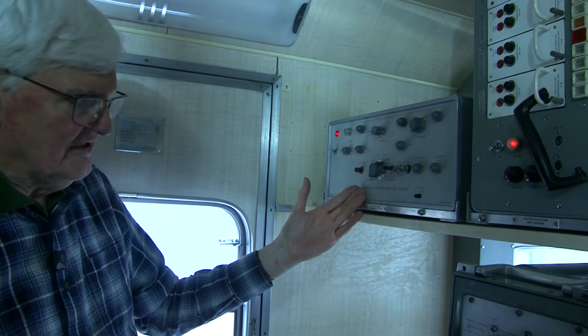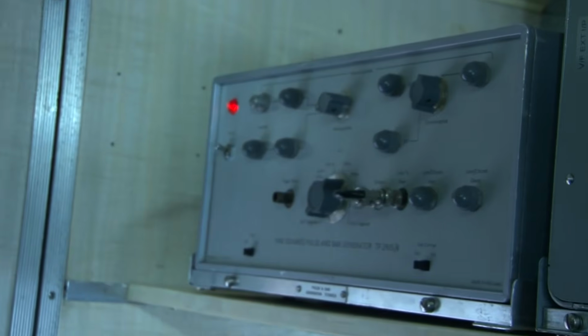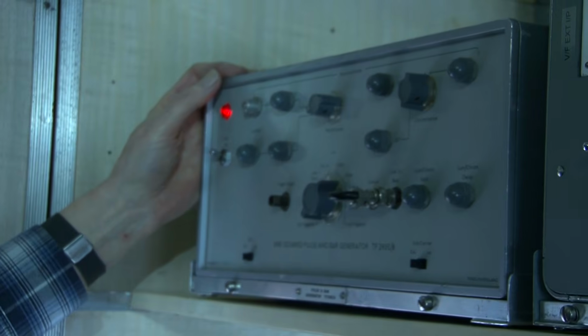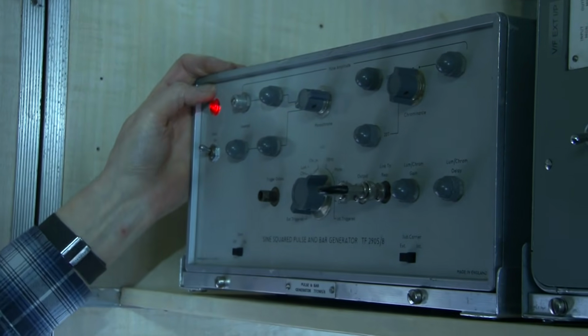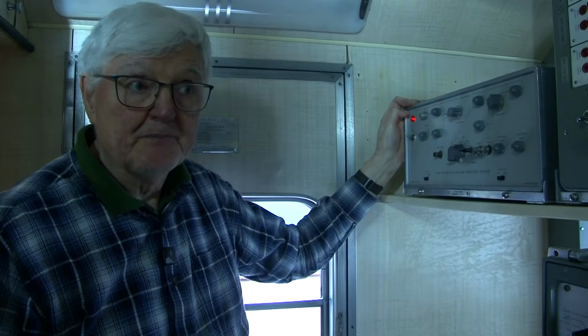It's solid state, but I'll forgive it for that because it works, and here it is, and the pulse and bar waveform is used as a signal to send externally. It doesn't appear within the vehicle anywhere for testing. It can only be sent to line for the line testing wherever it might go, through BT or through a radio link.